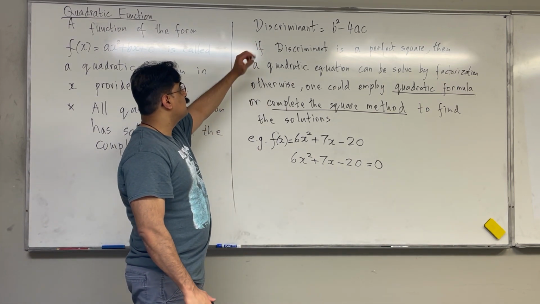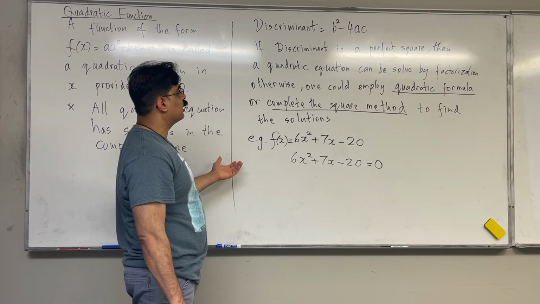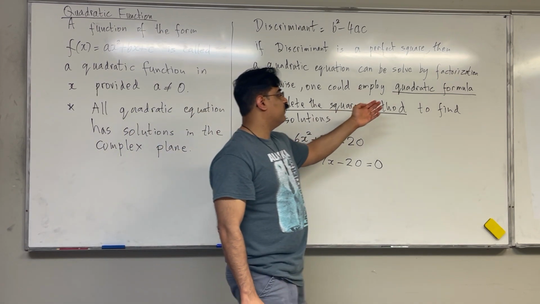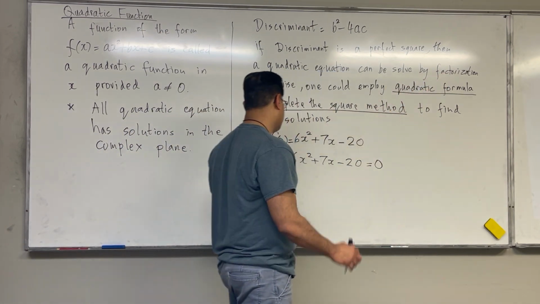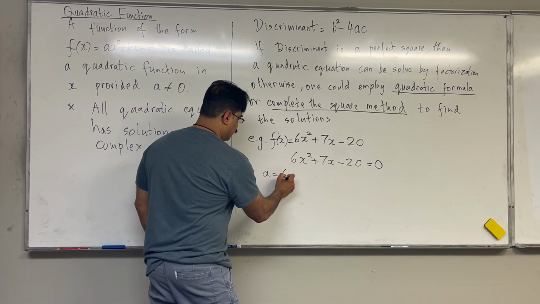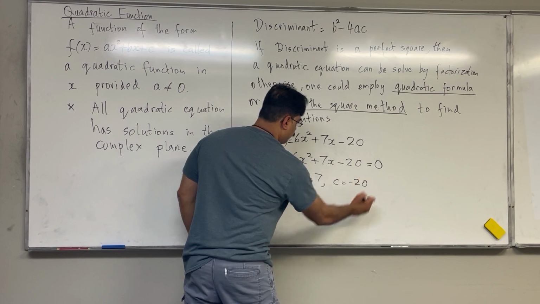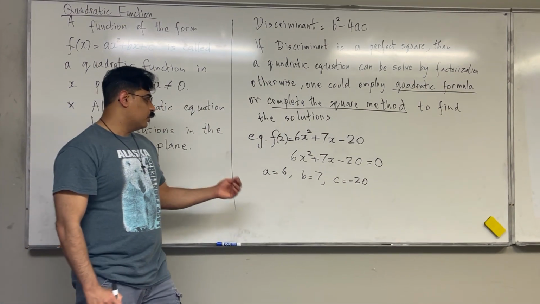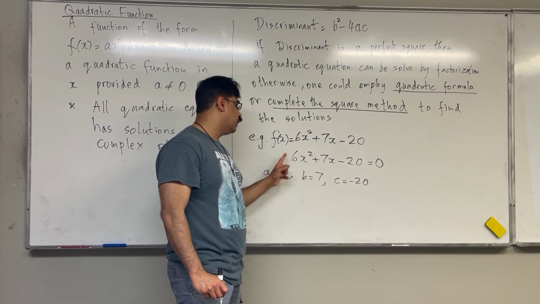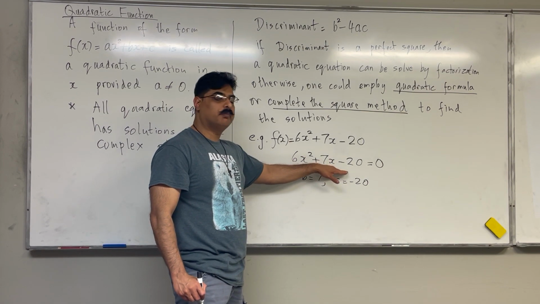Alright, so let's see how we solve it. First, let's apply the discriminant and see whether it can be solved by factorization or not. We observe that a is 6, b is 7, c is −20. Important thing to notice, we are not just looking at the numerical values, but the signs are also important.